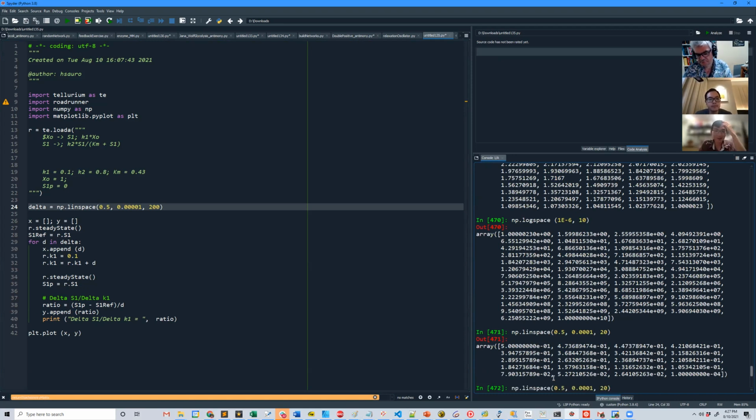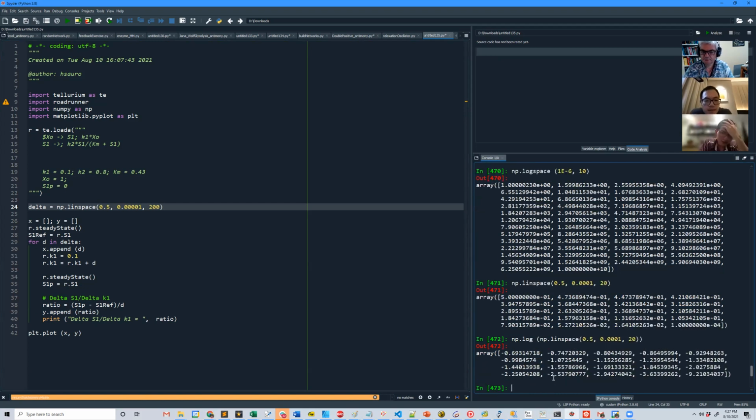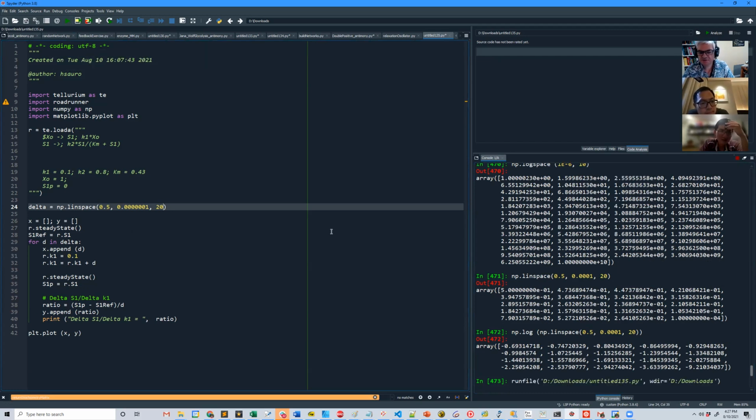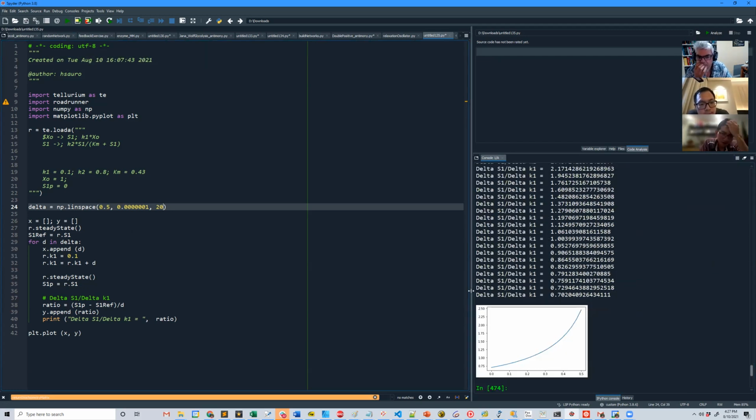Yeah, np.log. Yeah, that might work. Yeah, you might need to change the range. Oh, never mind. Because it's less than 1, right? Well, yeah. Maybe I just need to push it down further and don't have so many points. Let's try this.